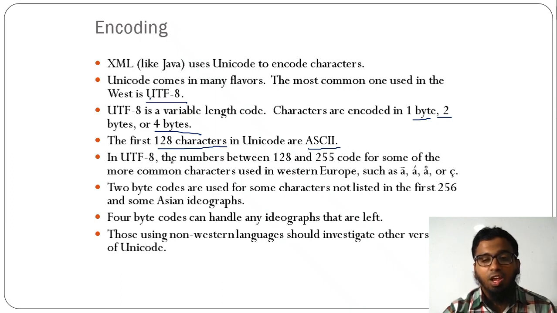In UTF-8, the codes between 128 and 255 are for some of the more common characters used in Western Europe, such as a with tilde, a with dash, or c with comma. This is different language text. Next, 2-byte codes are used for some characters not listed in the first 256 and some Asian ideographs.